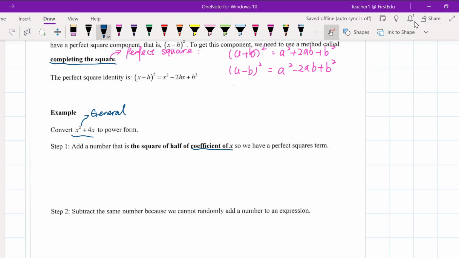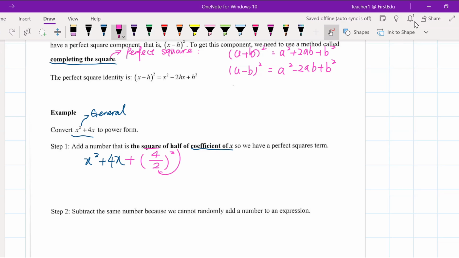In front of x? 4. Very good. It depends on what they're asking for; if it's of x squared, that's 1. Of x is 4. So I am going to add (4 over 2) squared, the square of half. So I'm adding an extra term, (4 over 2) squared.